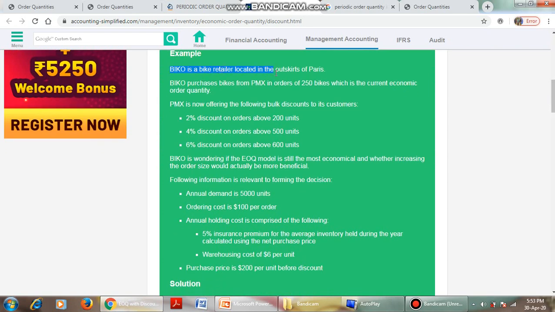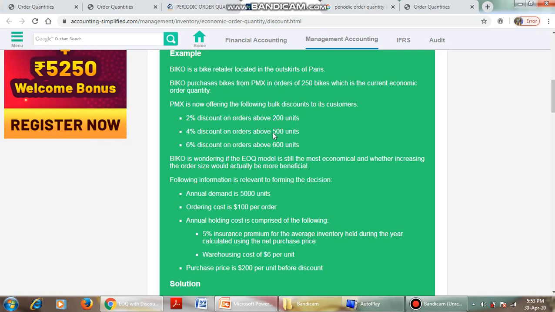Biko is a bike retailer located in the outskirts of Paris. Biko purchases bikes from PMX in orders of 250 bikes, the current economic order quantity. If he buys 200 units, he gets a 2% discount.